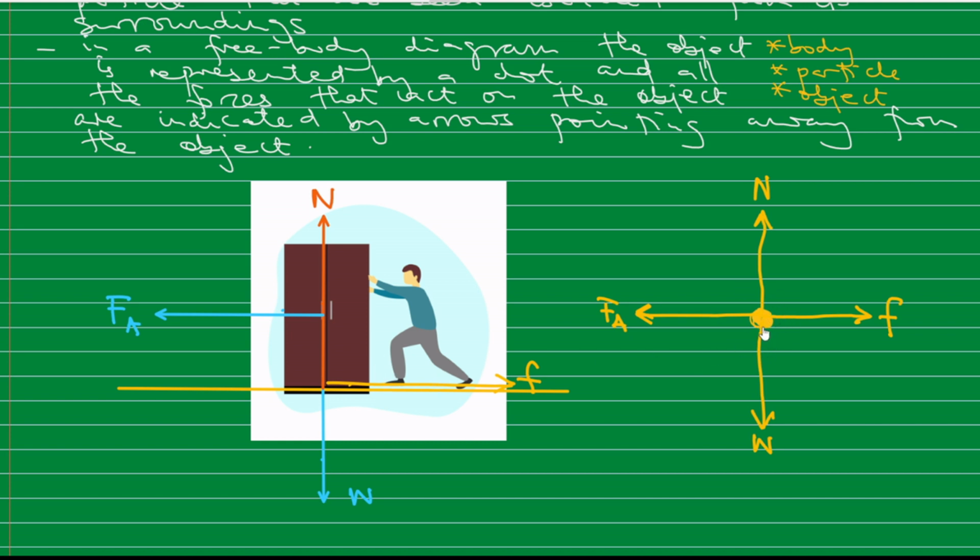So take note here, the object, the whole system, we represent it by a dot, which is the cupboard, and we represent the forces that are acting on the object by arrows that are pointing away from the object. Now here I'm not very particular about the magnitudes.